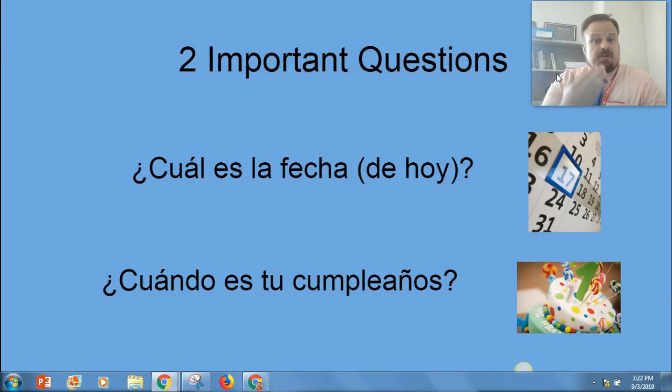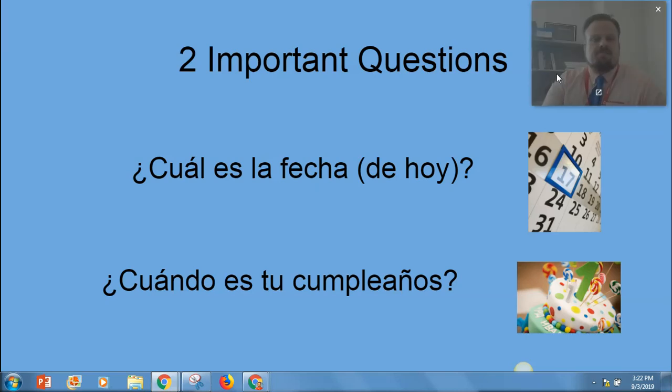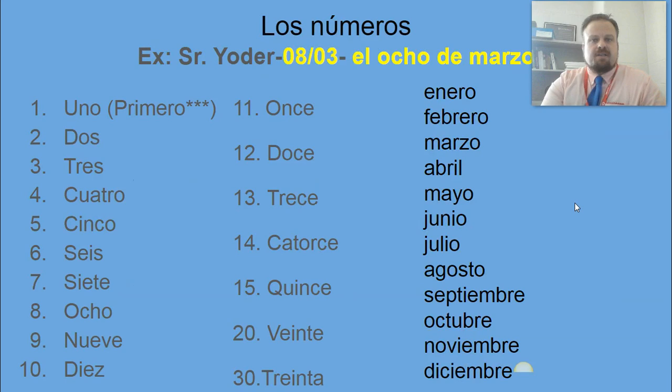And obviously, in order to answer those, we need specific vocab, right? We need the ability to know our numbers. And like we said, you don't need to know 31 new numbers. You need to know the first 9, combined with those awkward teens, the 10 to 15. And then you need 20 and 30 because then they're just going to continue to build. 21, 31, 22, 32.